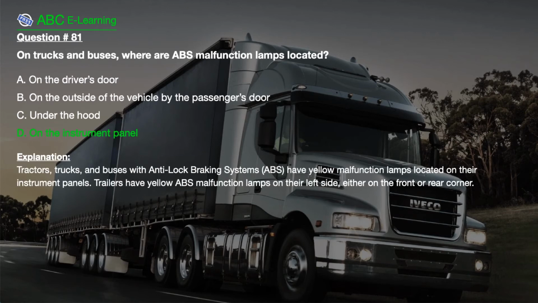The correct answer here, D. On the instrument panel. Explanation. Tractors, trucks, and buses with anti-lock braking systems, ABS, have yellow malfunction lamps located on their instrument panels. Trailers have yellow ABS malfunction lamps on their left side, either on the front or rear corner.